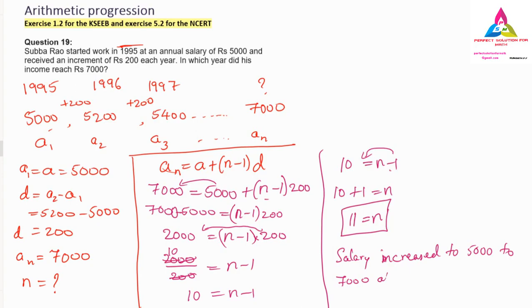Therefore the year is nothing but you have to add 1995 plus 11, that is 2006. His salary increased from 5000 to 7000, means he is in the year 2006. At that time he was taking 7000 rupees as his salary.